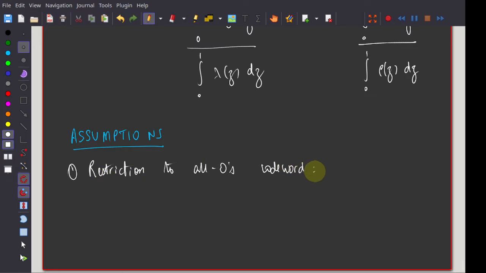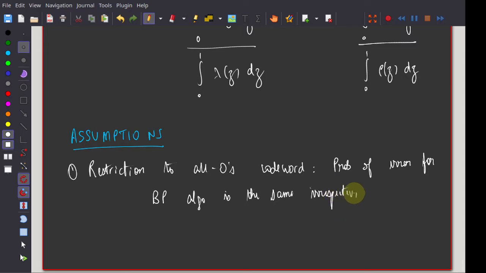And the reason why this simplification can be made is because the probability of error for the BP algorithm is the same irrespective of which codeword is transmitted.